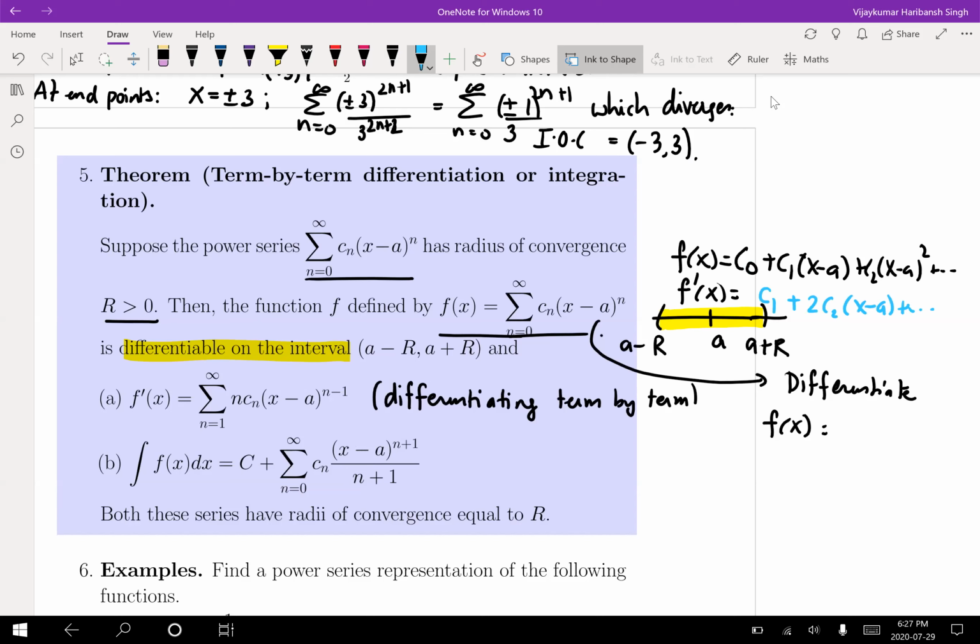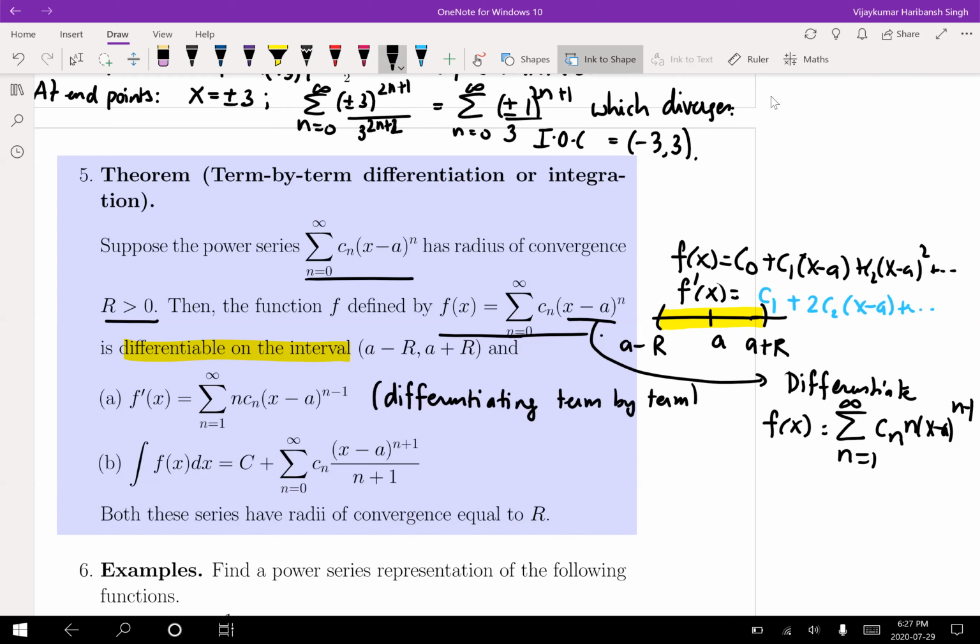So you are basically applying the derivative inside. So you have summation n equals 1 to infinity c_n. Now what is the derivative of (x minus a)^n? It is n times (x minus a)^(n minus 1). And note that it will start from n equals 1 instead of starting from n equals 0.